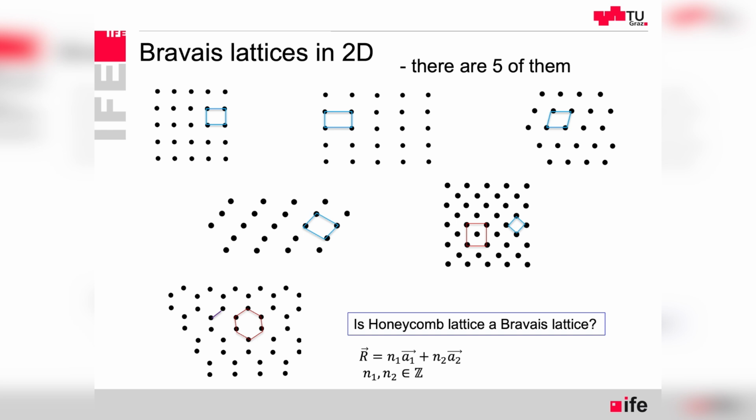So in this case, what we have is the lattice base, which is formed of 2 points, and we translate this lattice base to create the lattice, but it still won't be a Bravais lattice.